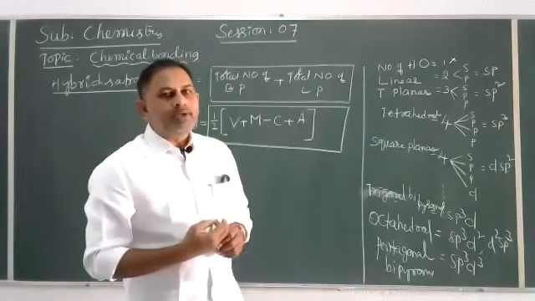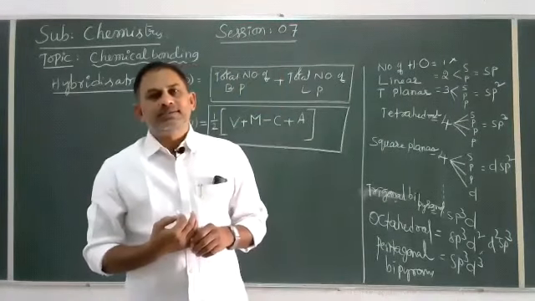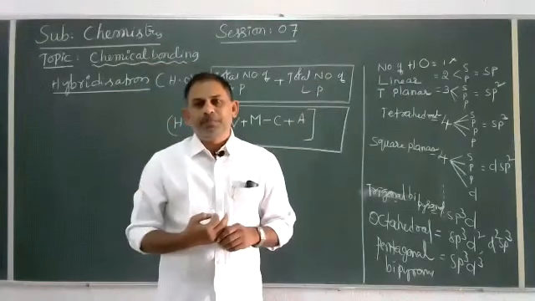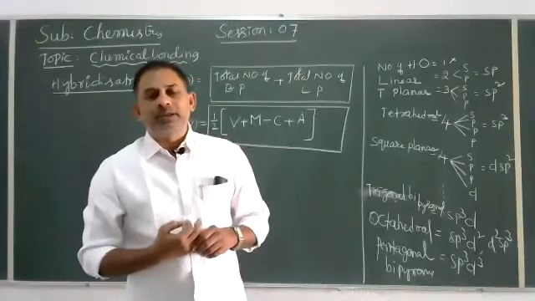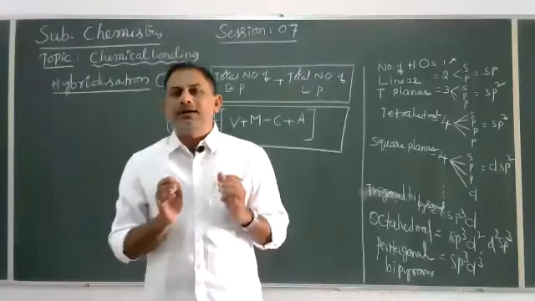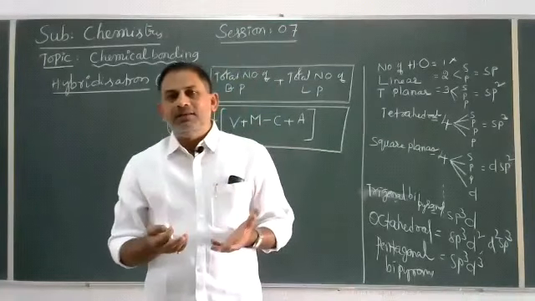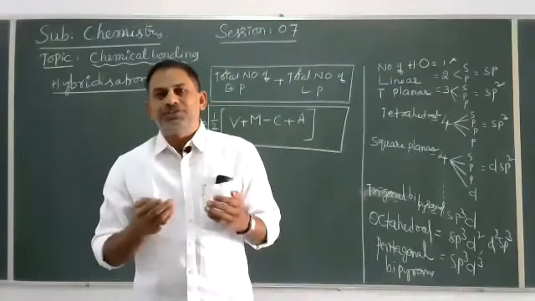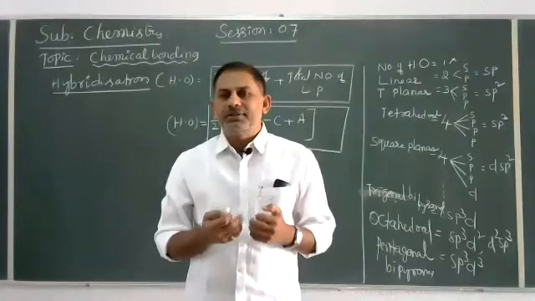Here there is a little bit of confusion, and a number of questions arise for students. To identify the exact geometry of the molecule, we compulsorily need the concept of VSEPR theory, valence shell electron pair repulsion theory, as well as hybridization theory.